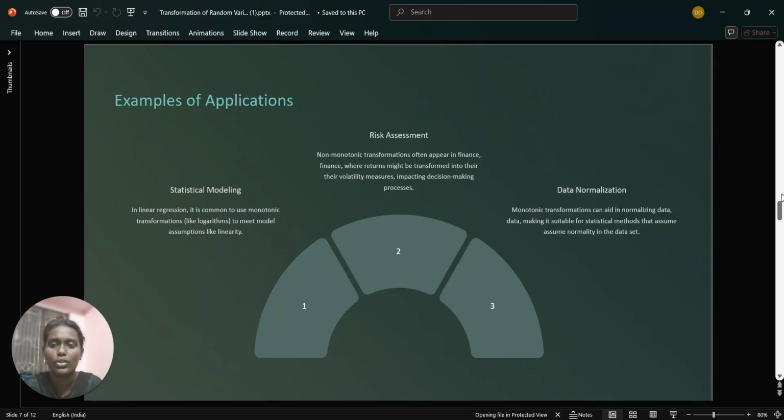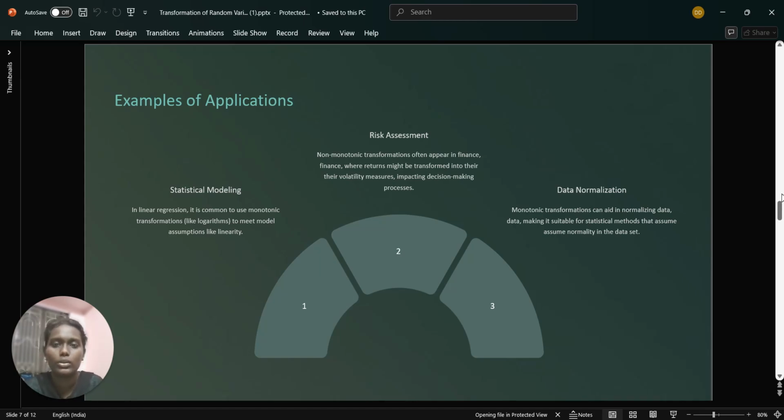Examples of applications can be considered in various situations. In statistical modeling, such as linear regression, it is common to use monotonic transformations like logarithms to satisfy model assumptions like linearity.